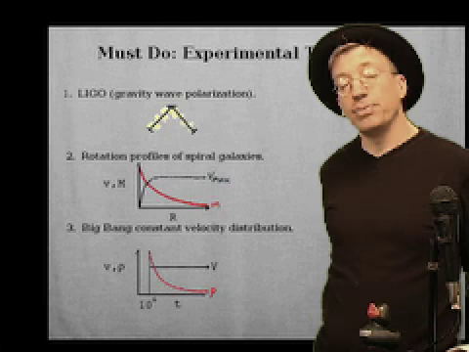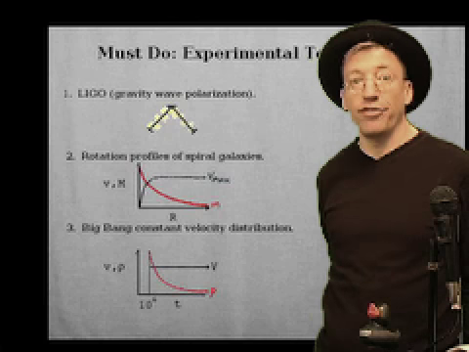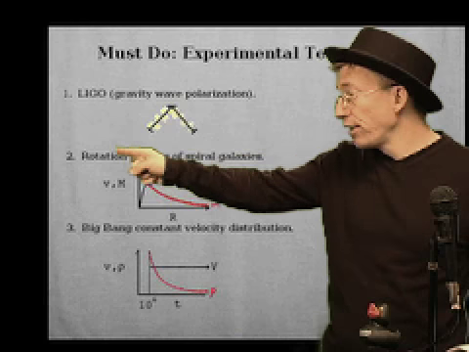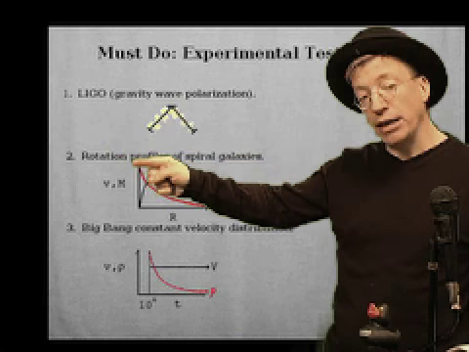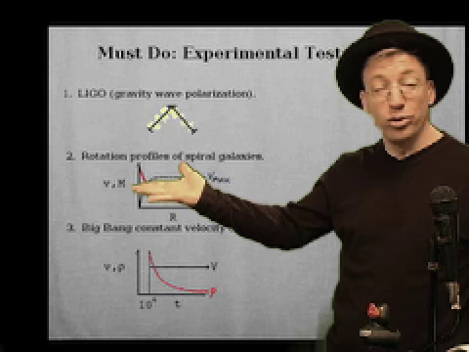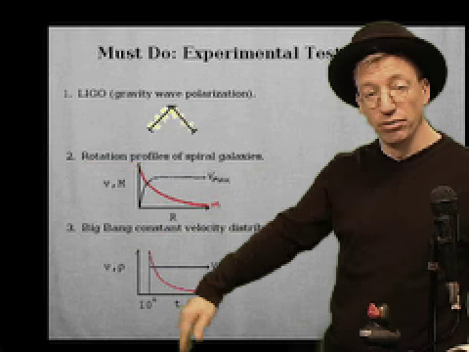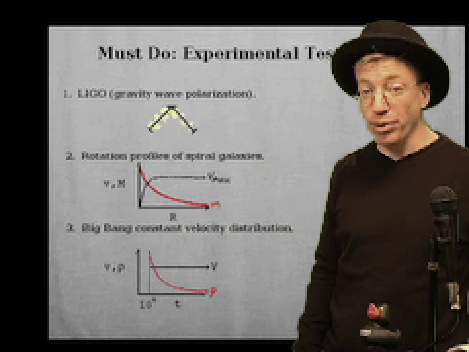Then we've got a problem explaining the rotation profile of thin galaxies. The stars that are way out there, they're all traveling the same darn speed. But if you use Newton's law, it says those guys that are further out should be slowing down. This is a big problem.